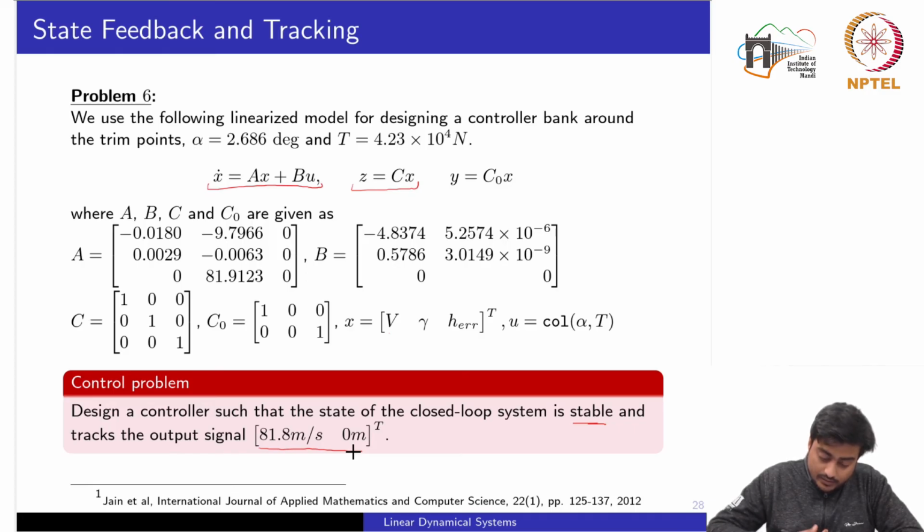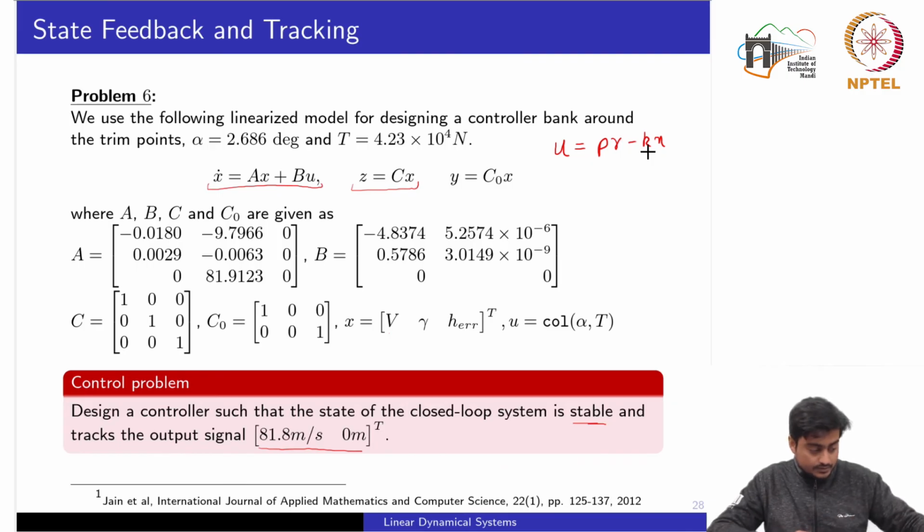So one of the methods we had discussed during the lecture slide is by using the feed forward gain. So we have expressed the control signal as u = PR − kx. Okay, so in this problem we would use another method of designing the state feedback controller, which is stable and tracks the output signal.